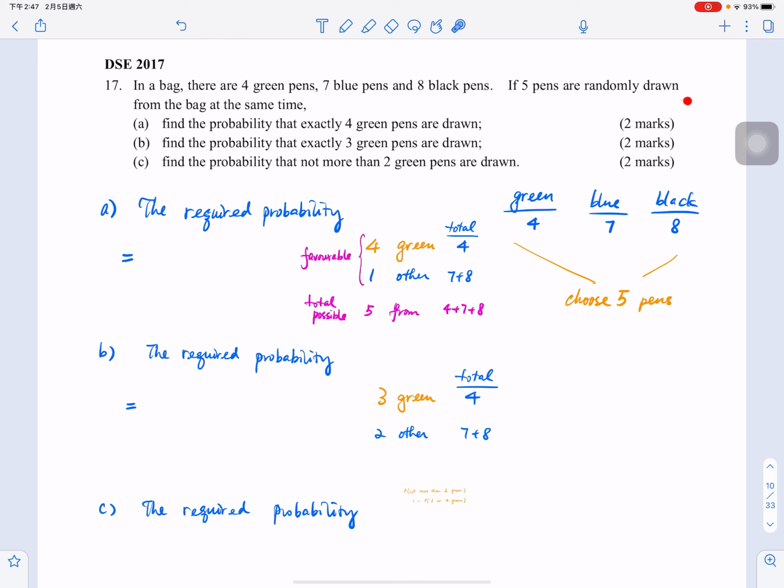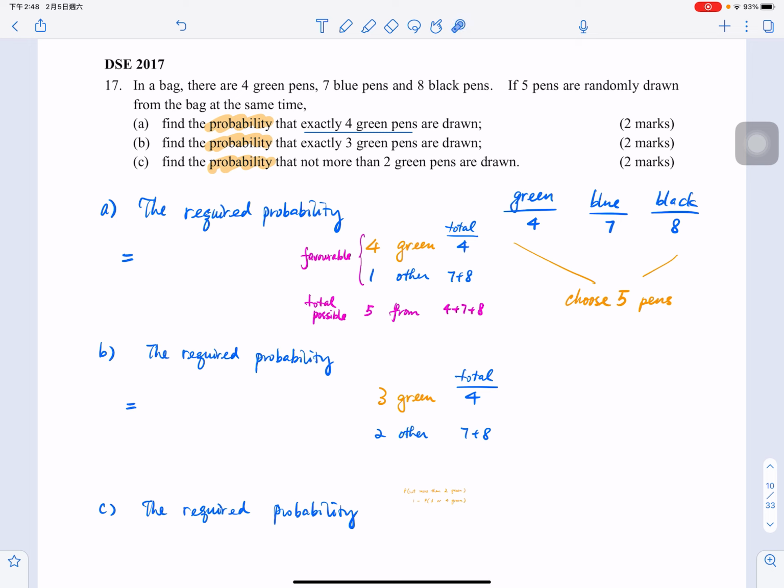If 5 pens are randomly drawn from the bag at the same time, so you choose these 5 pens from all of them, find the probability. Probability question, right? Exactly 4 green pens are shown.